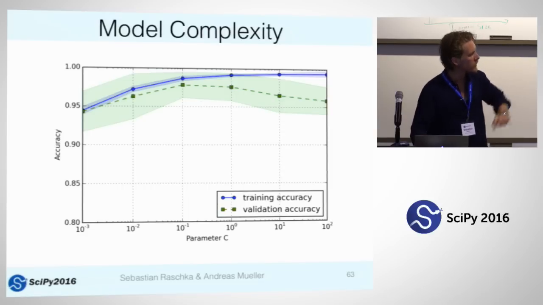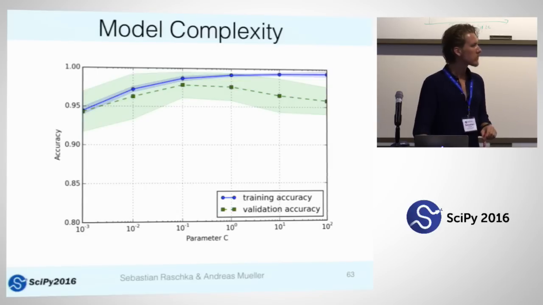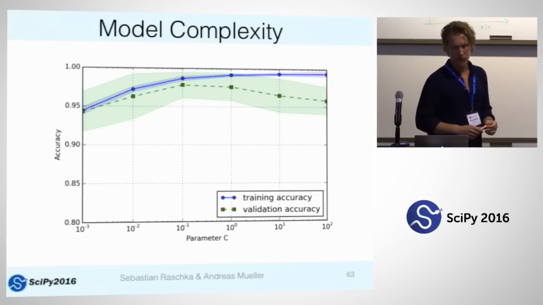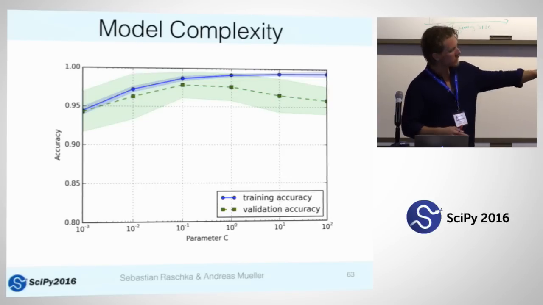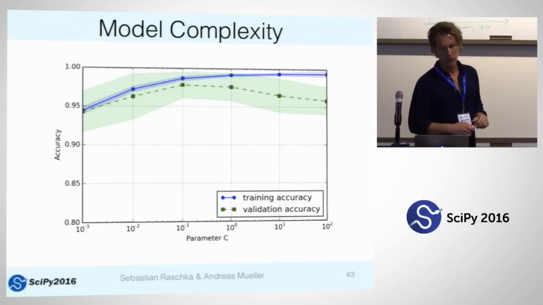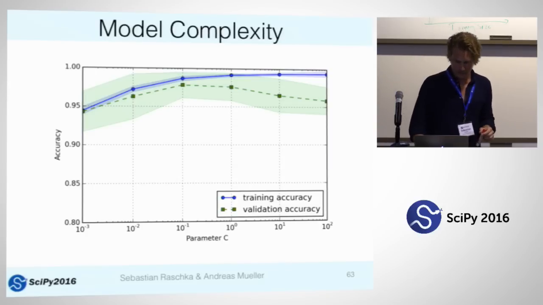C is the inverse regularization, so the higher it is, the less regularization, and the lower it is, the more regularization and the simpler the model. Low C means a simple model, because if you increase the regularization, you get a simpler model, and this is the inverse. I'm not sure why they did this inverse. It's annoying, actually, but anyway.